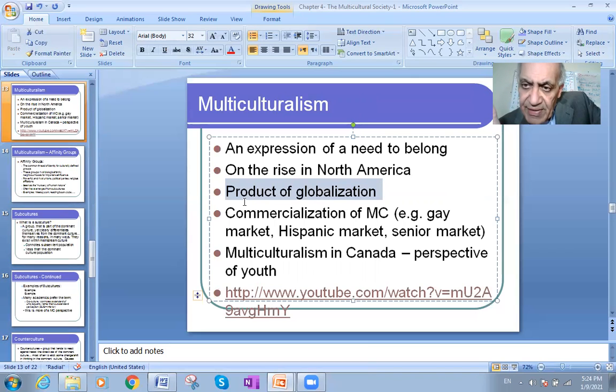Don't you think there will be multiculturalism? Of course there will be. See here in Canada, for example, or in the States, people are coming to work from different places, immigrating and living in one piece of land where all other nations are living. So here is multiculturalism.